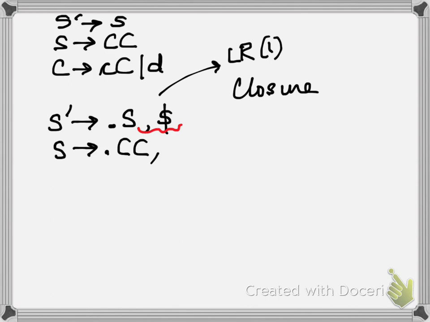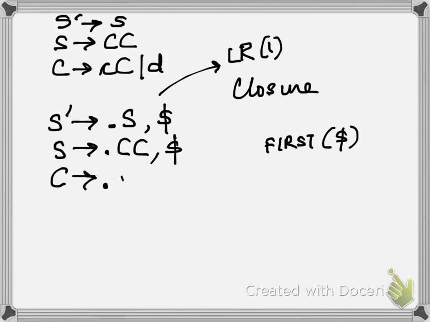After S there is no gamma, directly there is dollar. So first of dollar is dollar. So we put dollar here. Okay. So this is the first item. Next, now C is there. We have the variable C. So we have to expand C.